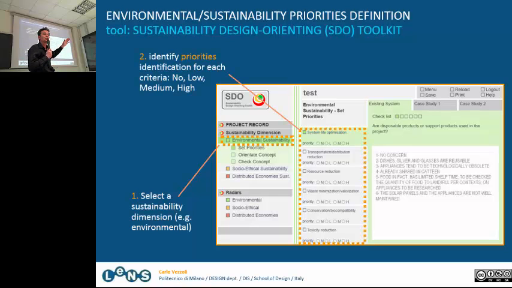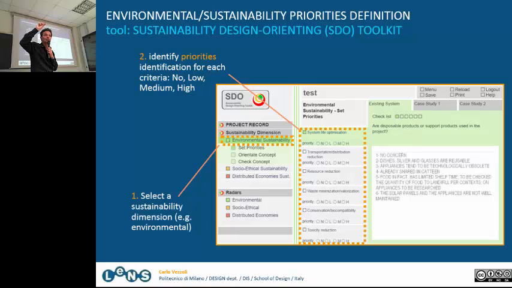And this is made for each of the 6 criteria that we saw for the environmental dimension. You remember? System life optimization, resource reduction, toxicity reduction, biocompatibility and conservation, and so on, okay?